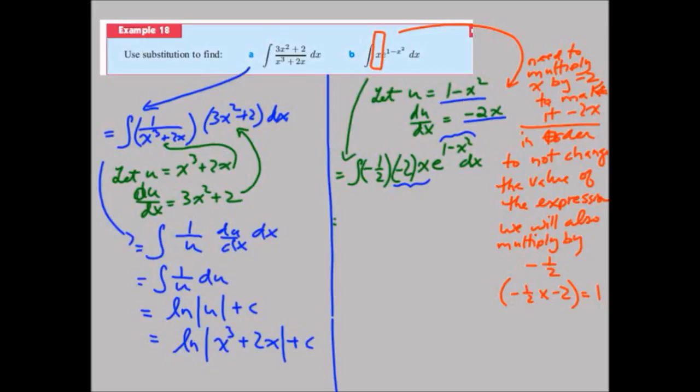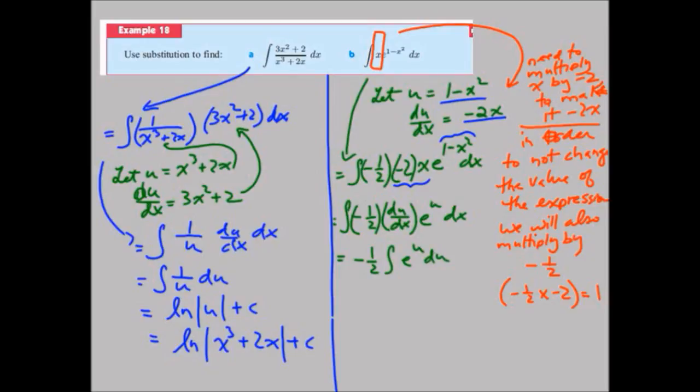We'll substitute. Integral of negative 1/2, this is du/dx, e to the power of u dx. Simplifying, I'm going to move that negative 1/2 to the outside of the integral. So e to the u du.